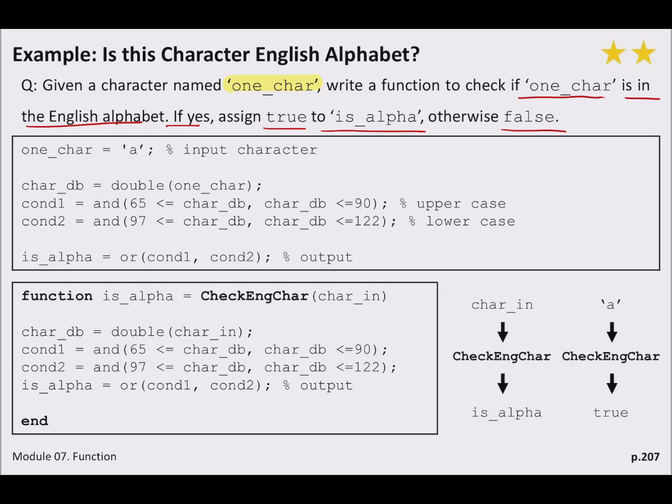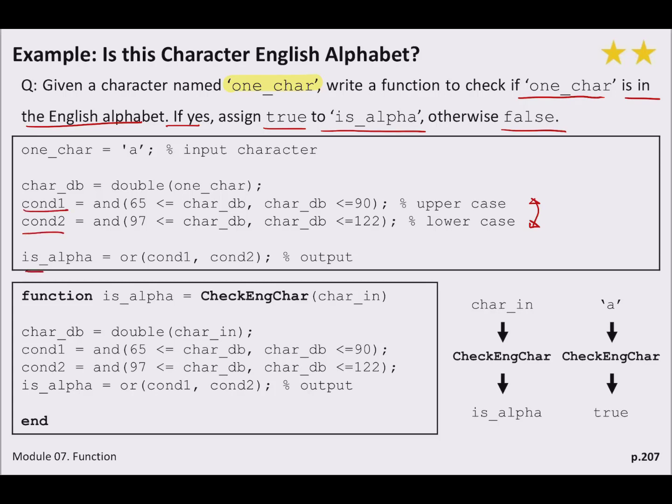Okay, how to solve this? First, you need to change this character to a double. And then evaluate 2 condition statements. One is whether this character lies in the uppercase range or the lowercase range. That is condition 1 and 2.